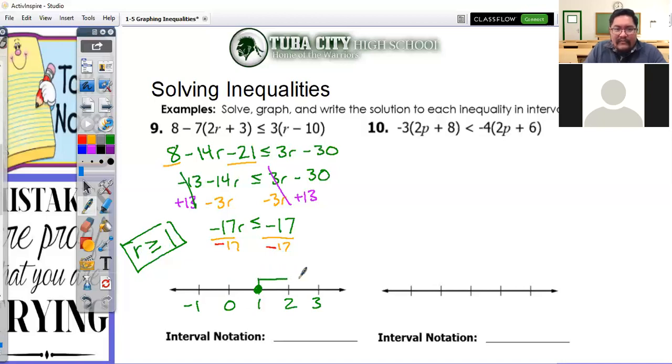0, would you rather have $1 or $0? I'm sure most of you would rather have $1 than having nothing. So if it's false, it's going to go away from the direction you picked. But again, plug something in. Try not to rely on any shortcuts, because the shortcuts sometimes just don't work. They work a lot, but they don't work every time. And I don't believe in something that works only sometimes.